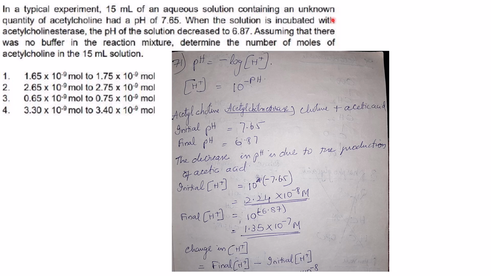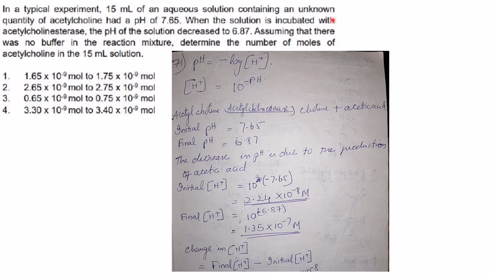When the solution is incubated with acetylcholine esterase, okay, so acetylcholine is there already in the aqueous solution, then you add acetylcholine esterase and the pH of the solution decreased to 6.87. Assuming that there was no buffer in the reaction mixture, determine the number of moles of acetylcholine in 15 ml solution. So that is the question that they have asked.